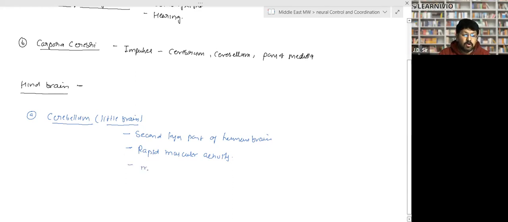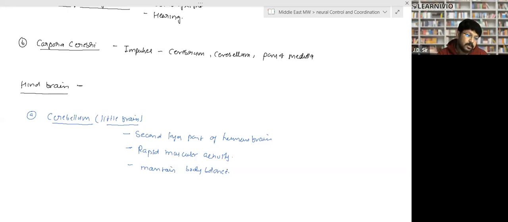Cerebellum also maintains body balance, and alcohol impairs its function. So whenever a person consumes alcohol, he cannot walk straight because it disturbs the function of the cerebellum, which is responsible for maintaining body balance, right?